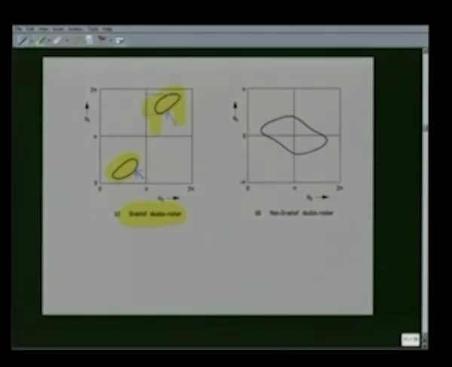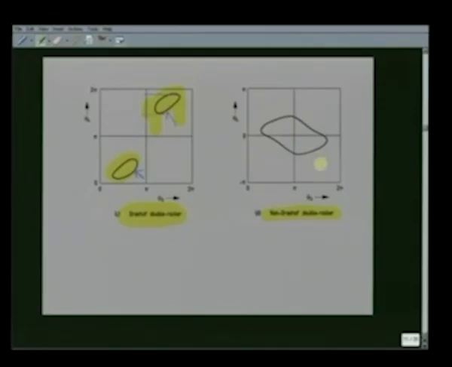Now, let us see what happens in a non-Grashof linkage. If it is a non-Grashof linkage, then it has to be a double rocker. And theta 4 versus theta 2 plot for a non-Grashof double rocker looks like this. Here again, neither theta 2 nor theta 4 can make complete rotation.